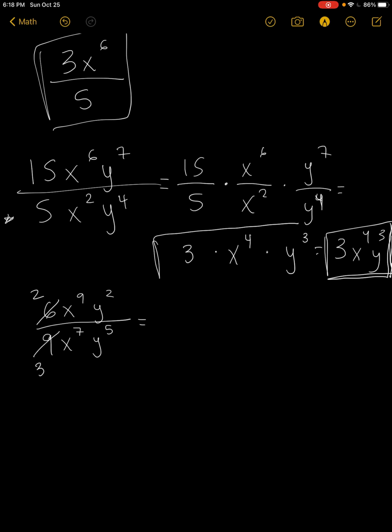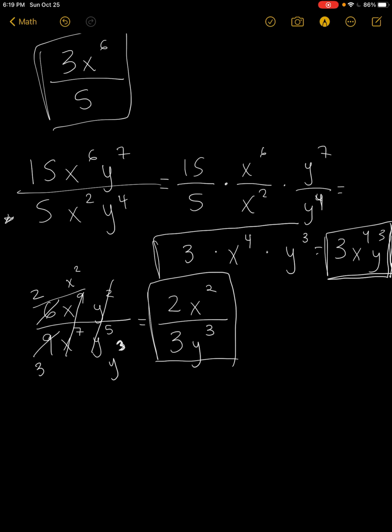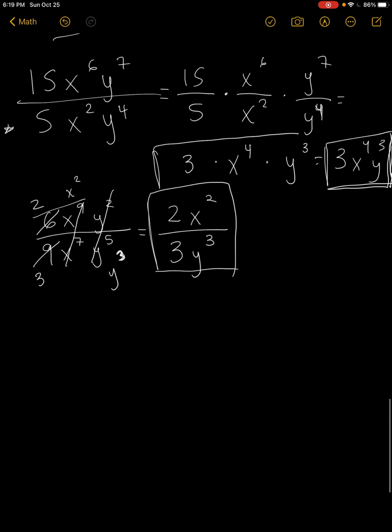If I divide 3 out of 9, I get 3. Okay. X to the 9 over x to the 7th is going to give me x squared. Y to the 2nd over y to the 5th. So this is the one where 2 minus 5 gives me negative 3, right? So if I have a negative exponent, that means it's going to be on the bottom. Okay, so we have our 2 in the top, 2x squared, 3y to the 3rd. And that is my answer.